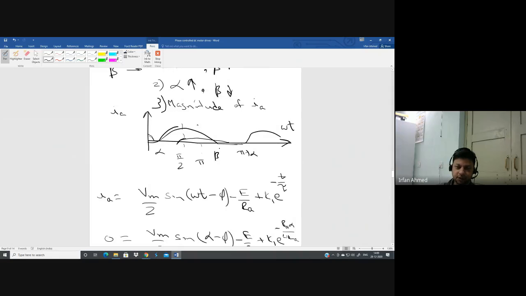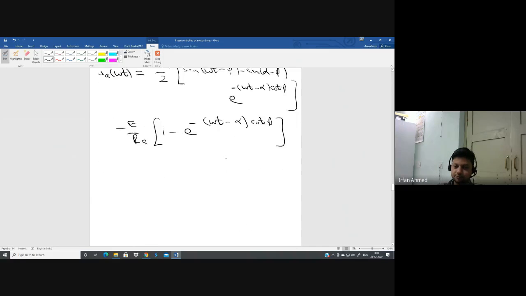Now, once we have the expression for the armature current, we can find the value of beta by substituting. At omega t is equal to beta, Ia as a function of omega t is equal to 0.